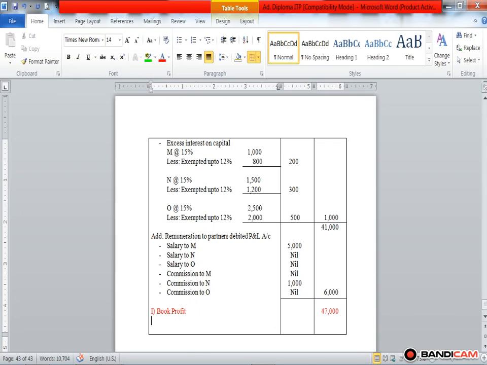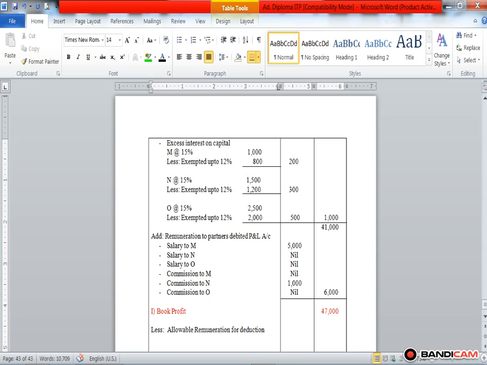allowable remuneration, not depreciation. Here, less: allowable remuneration for deduction.